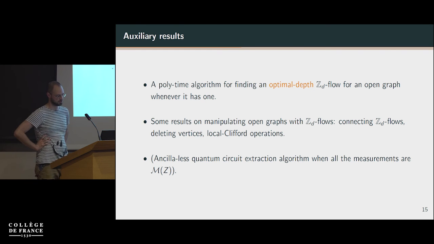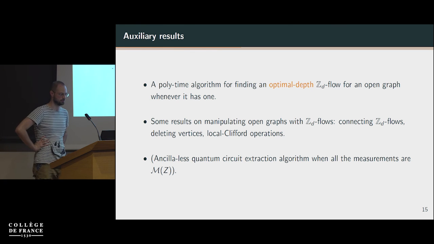Under what circumstances can I delete vertices in an open graph and maintain the existence of a ZD flow? And I think most interestingly, we show how to manipulate ZD flow under local Clifford operations.